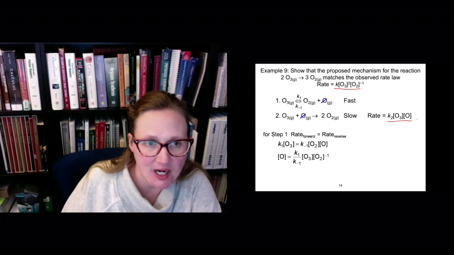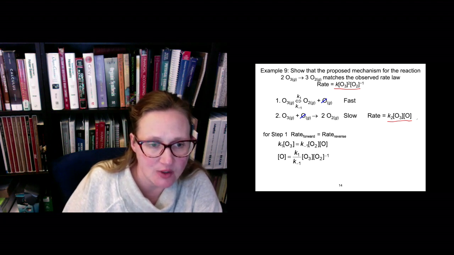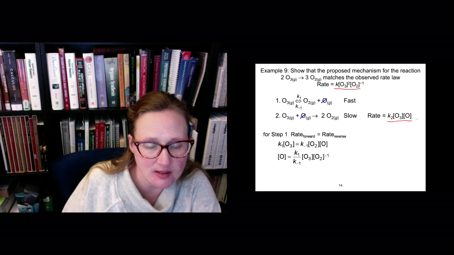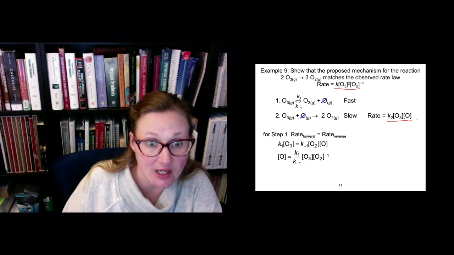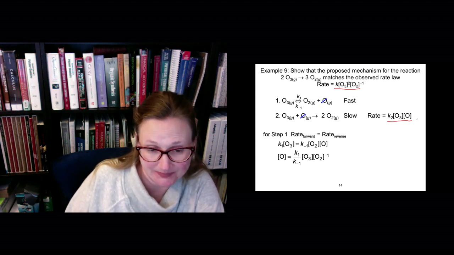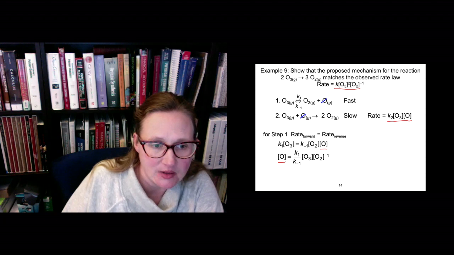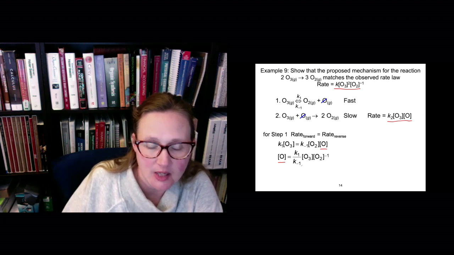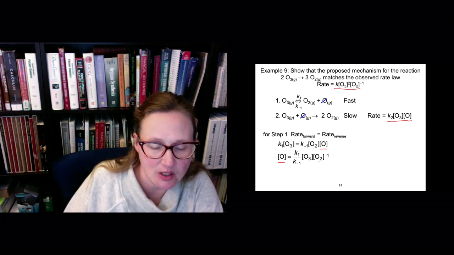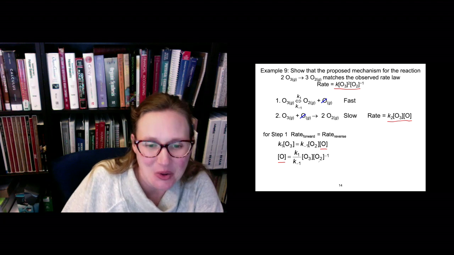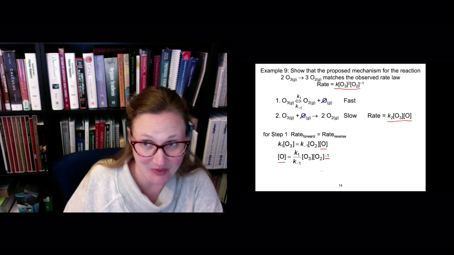We know that the forward rate is equal to the reverse rate. So the forward rate is K1 times O3, and the reverse rate is K reverse times O2 times O. Here we have our intermediate, so we're going to solve for it. So we have K1 over K reverse times O3 times O2 to the minus 1. We haven't seen that before, have we?